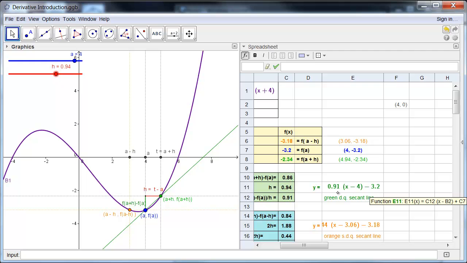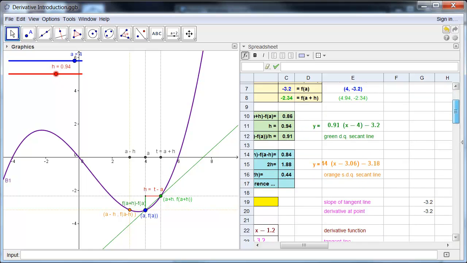The point slope form says y equals, there's your slope, m, 0.91 from the difference quotient, times parentheses x minus the x point that we know it goes through, the blue point, that's a, x minus 4, and then plus the y that goes with that point, negative 3.2.